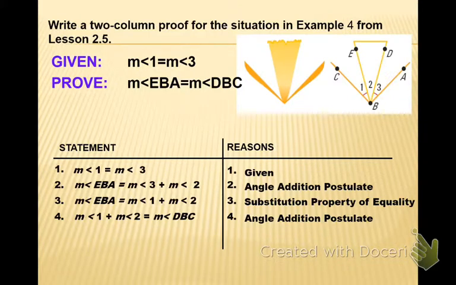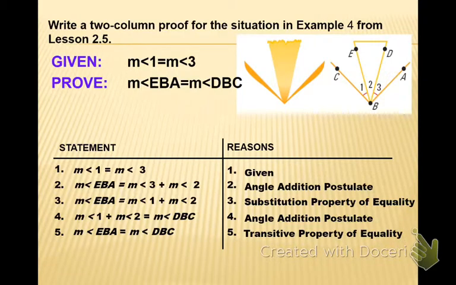So does angle EBA from that third statement. Since they're both equal to the same thing, we can say that they're equal to each other. The measure of angle EBA equals the measure of angle DBC. Why? Well, you've got this to this and this to this. So we could use the transitive property, that sort of pseudo law of syllogism thing.